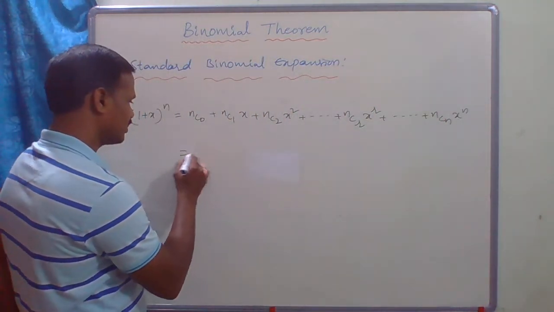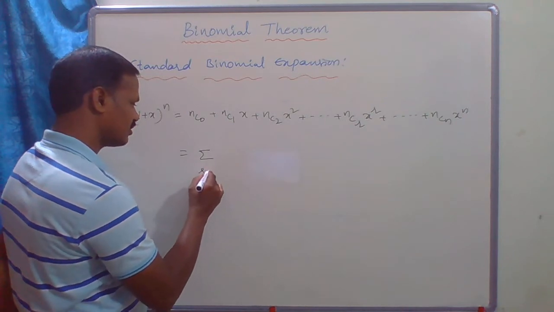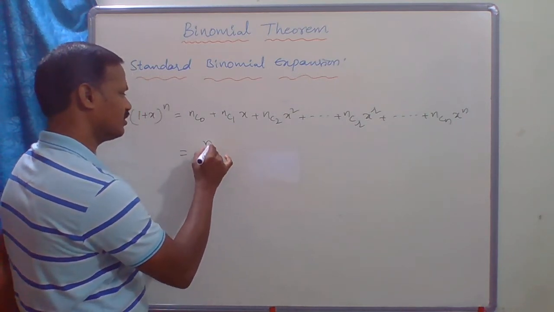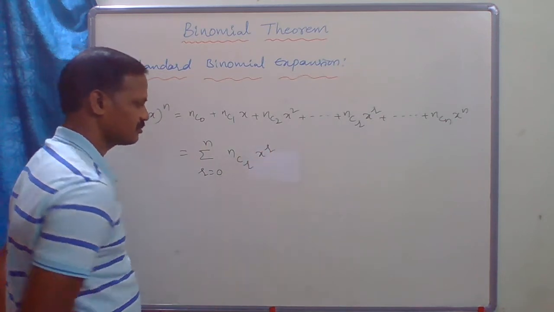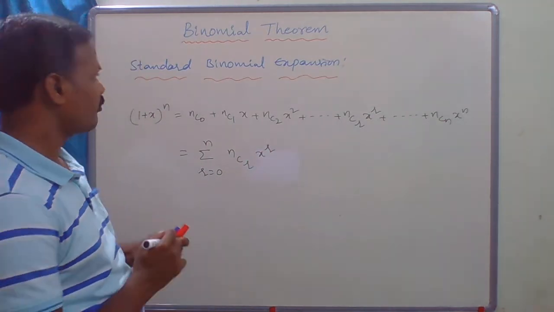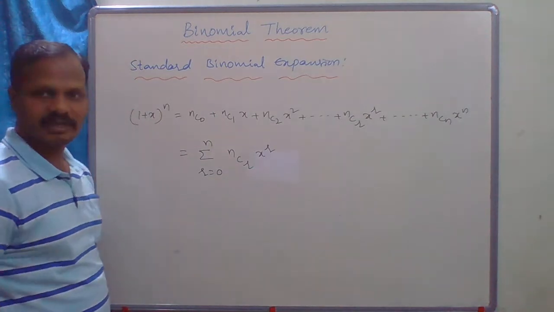So this is the summation running from r = 0 to n of nCr x^r. So this is the standard binomial expansion.